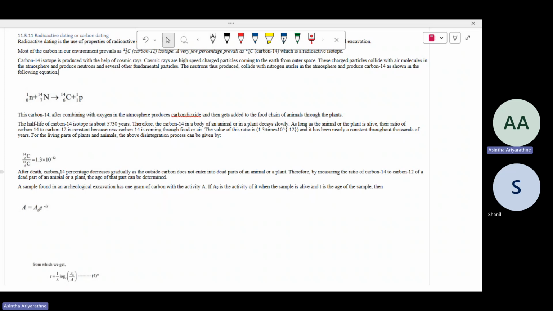Since no food is eaten after death, carbon-14 would go down with time. So this ratio would change after death. Before death, the ratio remains the same. After death, carbon-14 decays while carbon-12 remains the same.